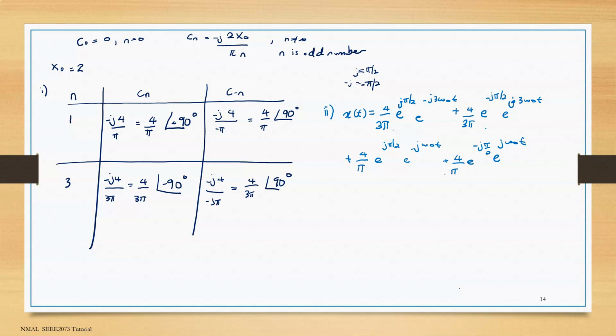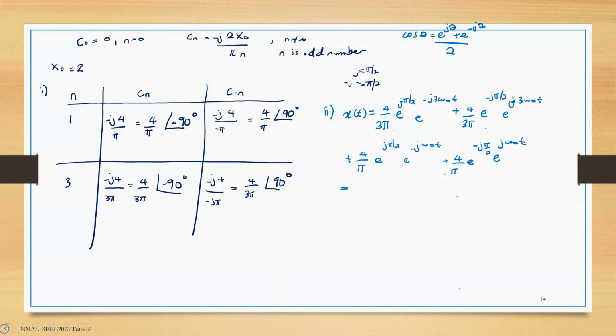And you rearrange this equation so that you can use the formula cos theta is equal to exponent j theta plus exponent negative j theta divided by 2, right? So that I can take out the j, 4 over 3 pi, this one becomes exponent negative j.